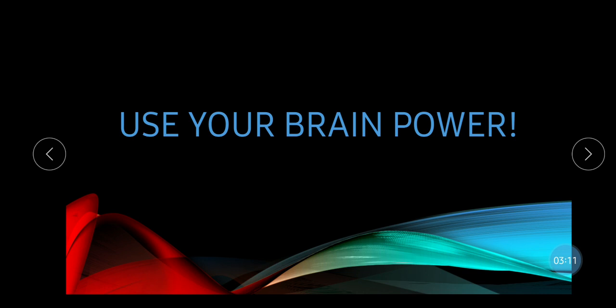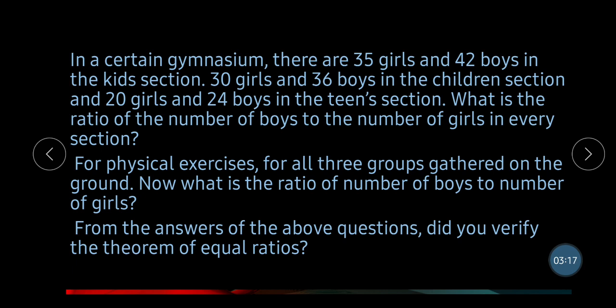Use your brain power. Children, this is there in your textbook, page 71. In a certain gymnasium, there are 35 girls and 42 boys in the kids section, 30 girls and 36 boys in the children section, and 20 girls and 24 boys in the teens section.